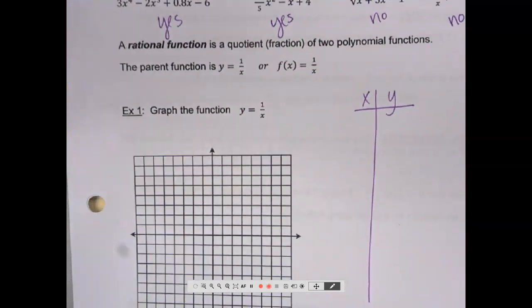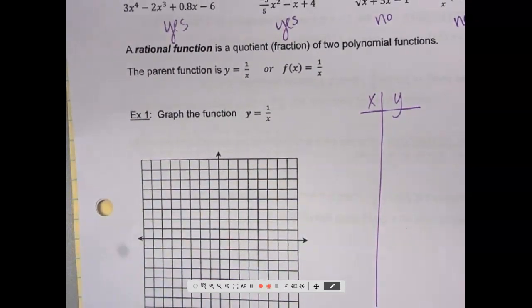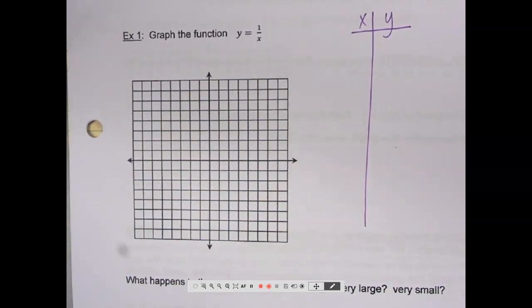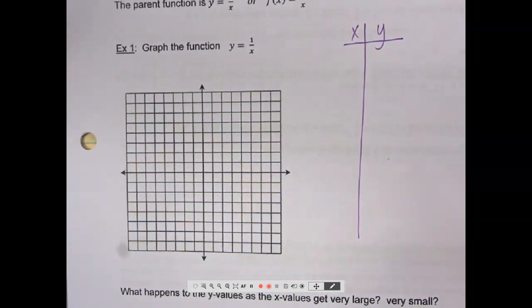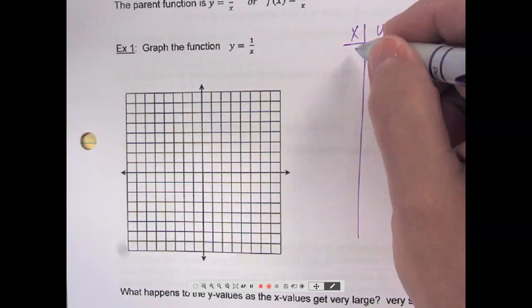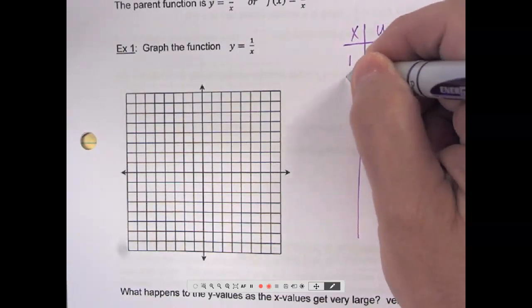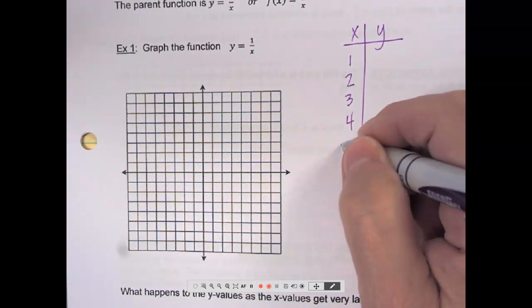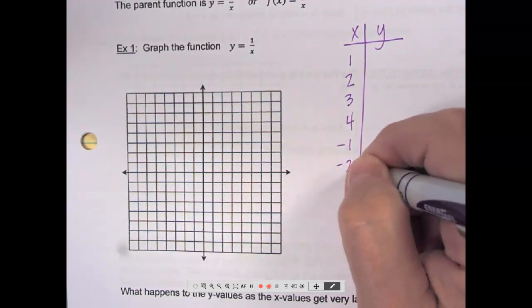We're going to come up with some easy ordered pairs. What would you use for x? I know y'all are going to say 1, right? 2, 3, 4, and then I'm going to say, but what about the negatives?